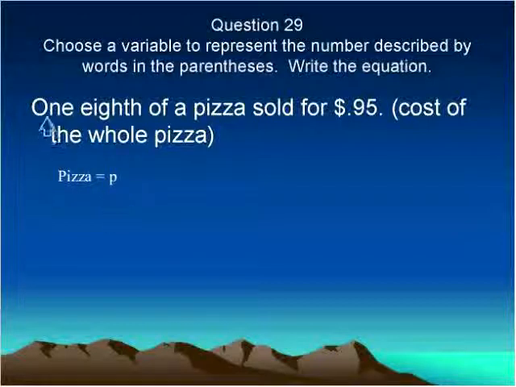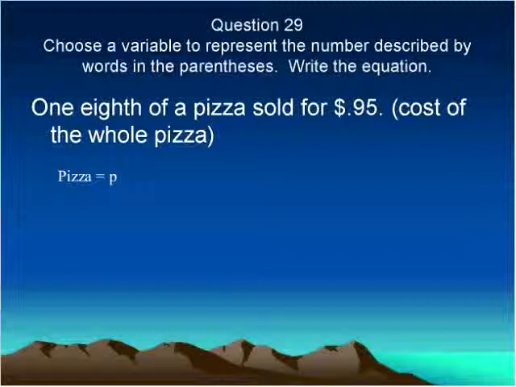Now what we're going to do is write out an equation. 1/8 of a pizza is sold for 95 cents. If pizza equals P, 1/8 of P, we can write that as 1/8 P. And we can say that 1/8 of P is sold for 95 cents.